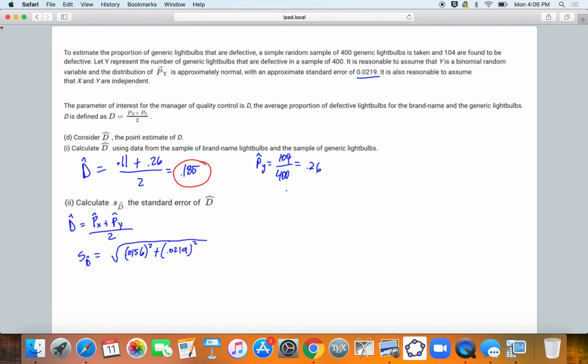And then we can't forget that it involves a combination and also a transformation, dividing by 2. So multiplication and division affects measures of center and spread. And so we're just going to divide that answer by 2, and that comes out to 0.0134 when we put that in our calculator.